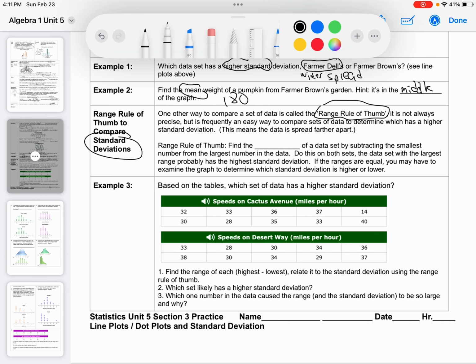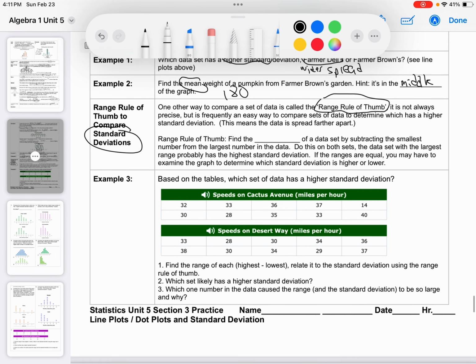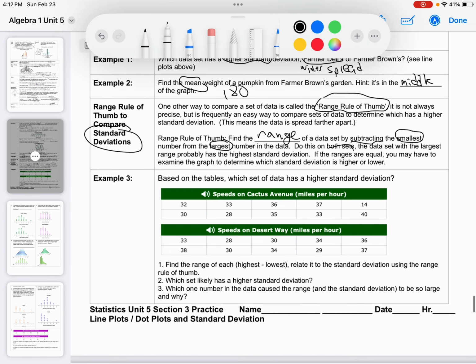The range rule of thumb is that you need to find the range of the data by subtracting the smallest number from the largest number, and do this for both sets. The data set with the largest range probably has the highest standard deviation.